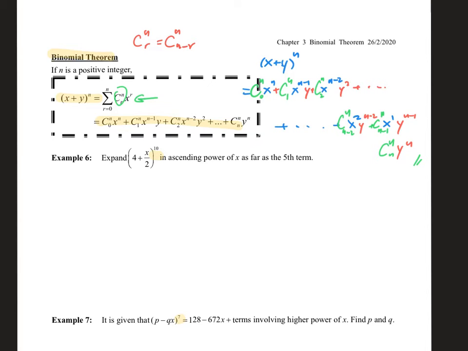That means besides using nC0, nC1, nC2 up to nCn, you can write in reverse order. That means if you don't start from nC0, you can start from nCn, nC(n minus 1), nC(n minus 2), nC2, nC1, and nC0. So it also gives you the same result.